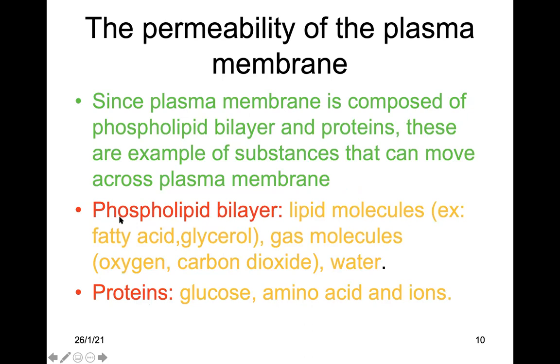For the phospholipid bilayer, these are the substances: lipid molecules such as fatty acid and glycerol, gas molecules, oxygen and carbon dioxide, and the last one is water. But for protein, just now we know that we have channel protein and transport protein. They basically will use glucose, amino acid, and also ions. So these substances will use protein to get in or get out of the cell.